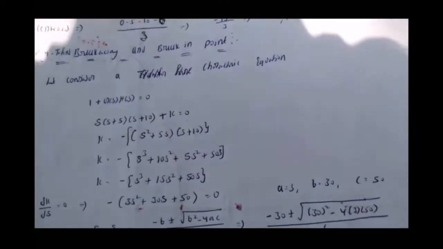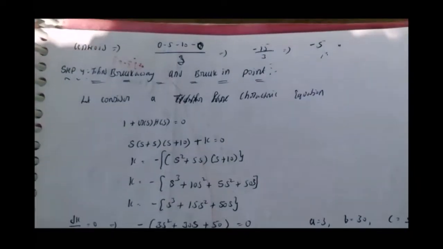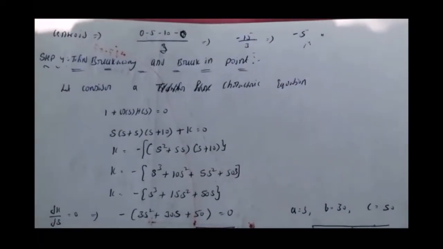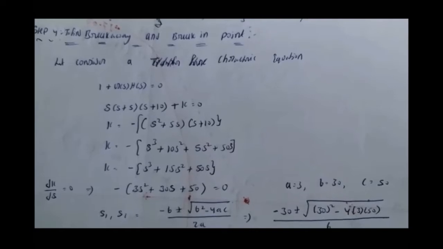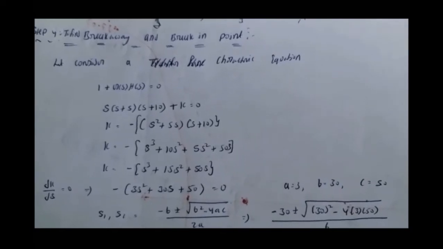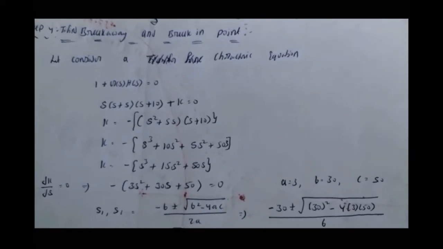Now let's move to the fourth step, that is to find the breakaway and break-in points. So if you want to find this value, definitely you have to consider the characteristic equation from the given transfer function. So what is the representation of characteristic equation?